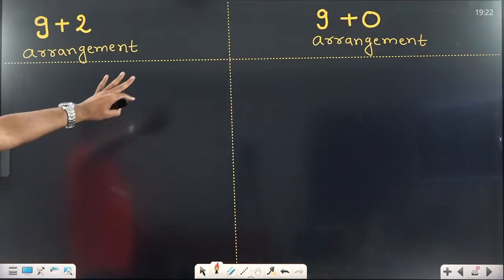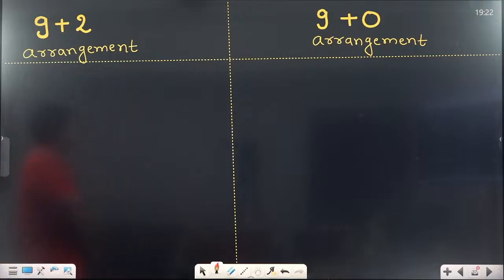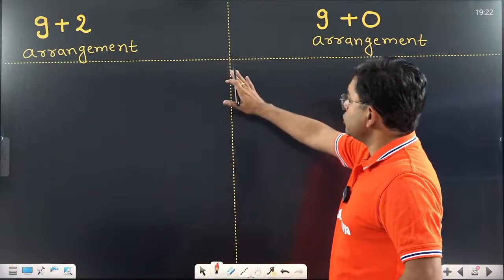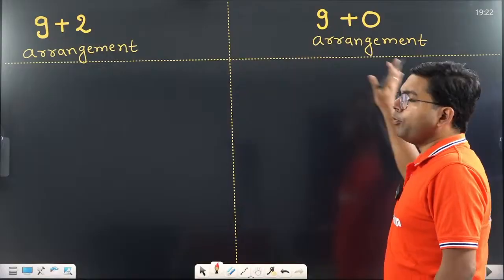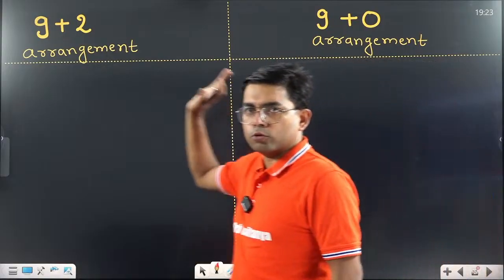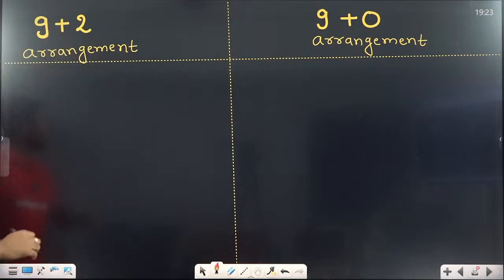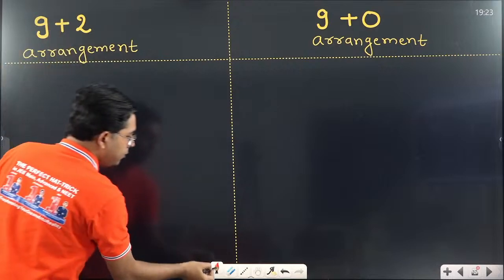So now overall, we have understood this. Now here you also participate with me, so that we can write some important characteristics of both. If we say 9+2 arrangement, what has 9+2 arrangement?